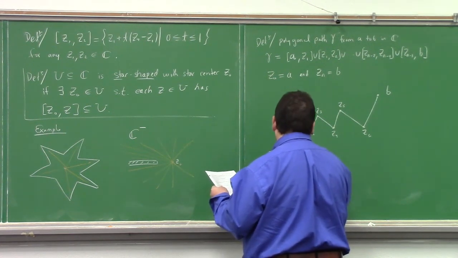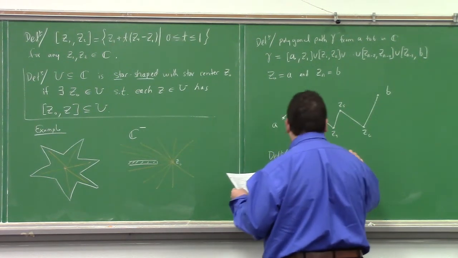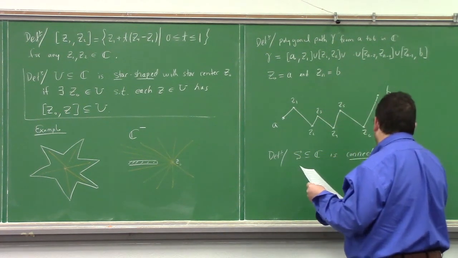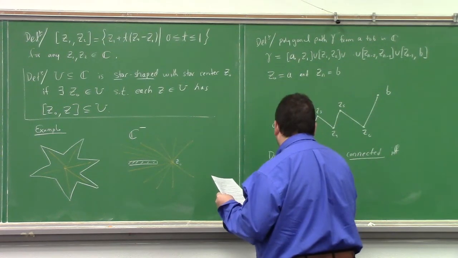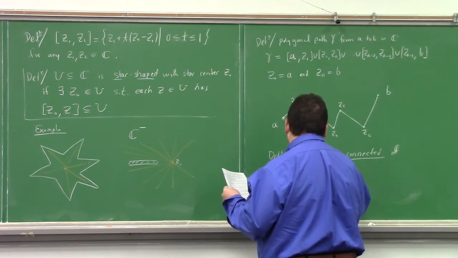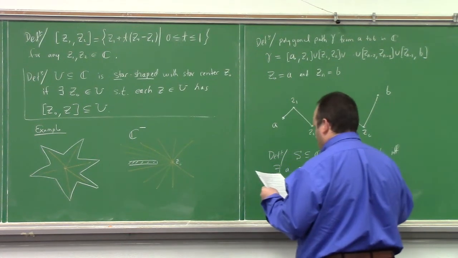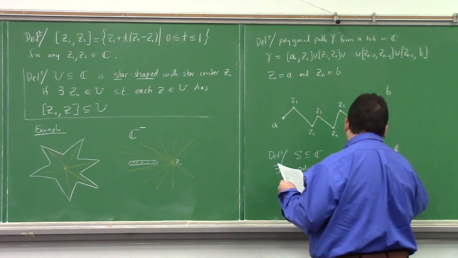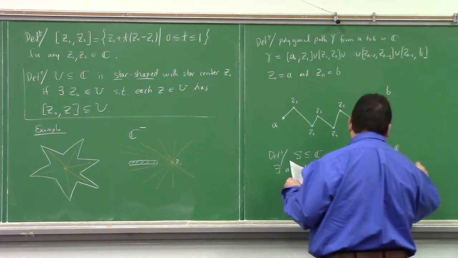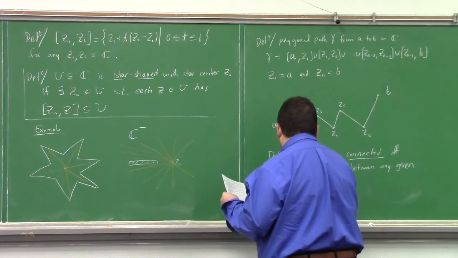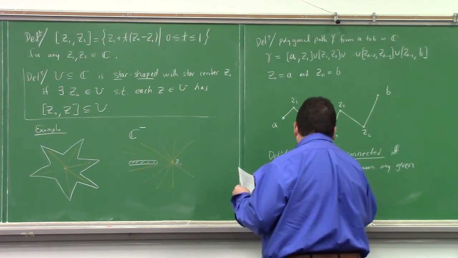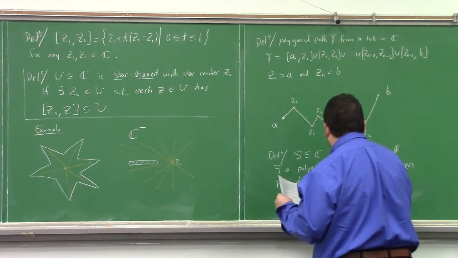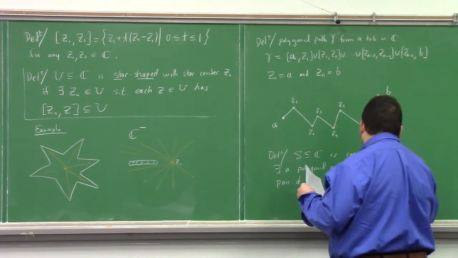S, a subset of C, is connected if and only if there exists a polygonal path between any given pair of points in S, and let me call that path gamma, and gamma is a subset of S.